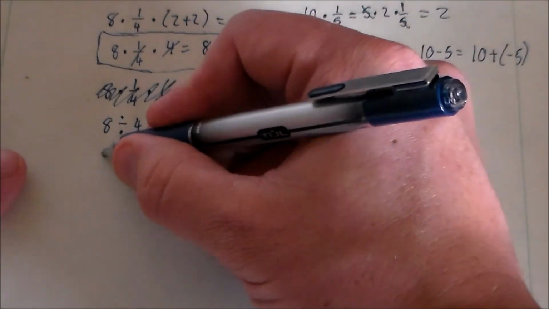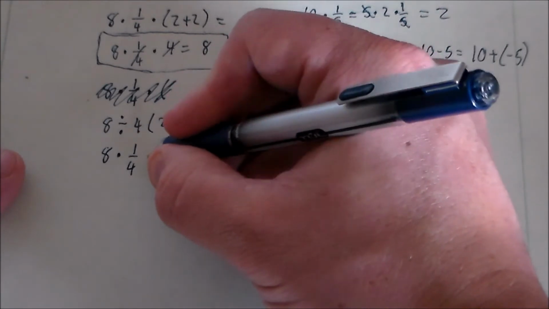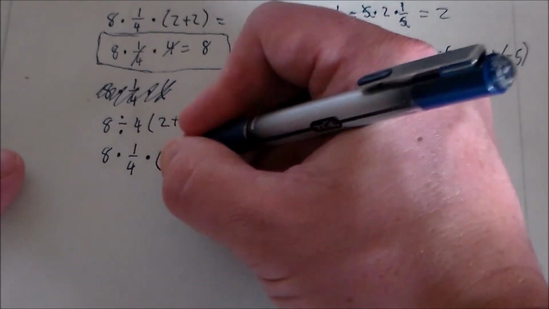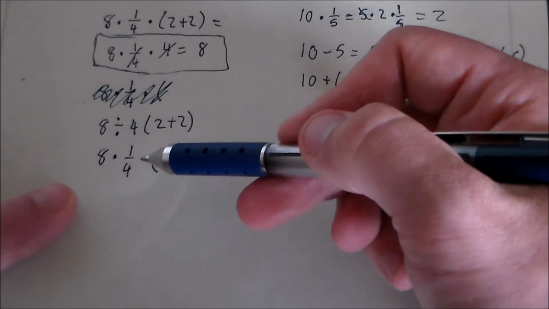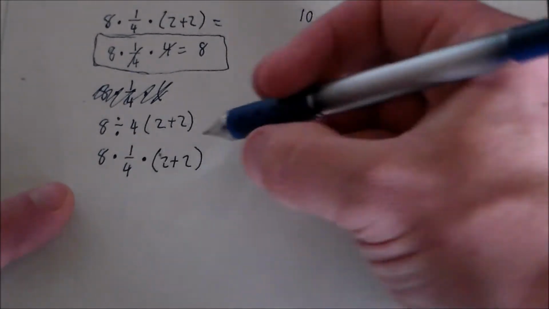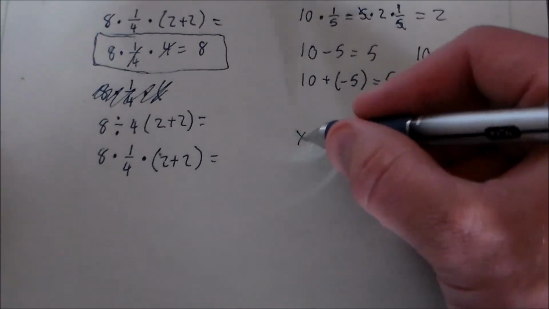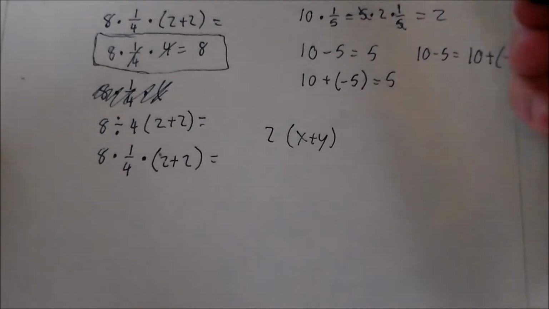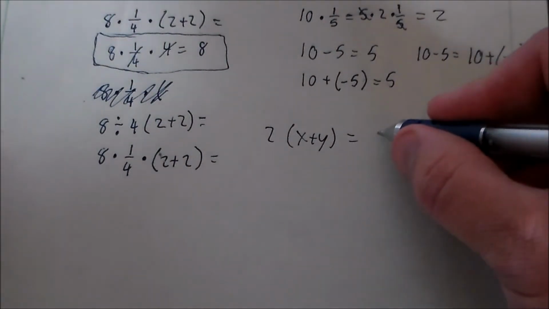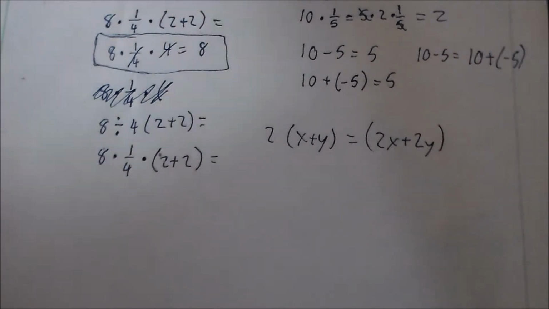So let's rewrite this once more as our multiplication step. So 8 times 1/4 times 2 plus 2. Now, since these are both multiplied, we can use distributive property. Which again says something like, if you had x plus y quantity, and then you had twice that, well, this is equivalent to 2x plus 2y quantity.